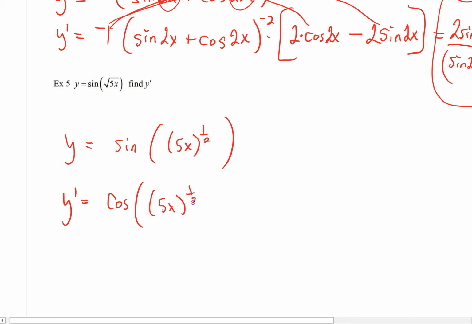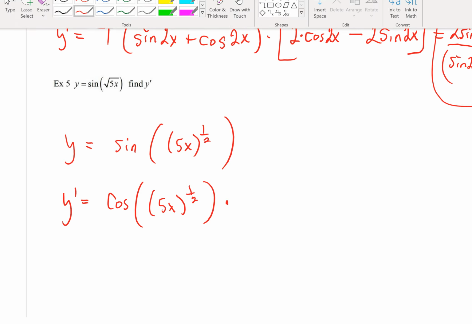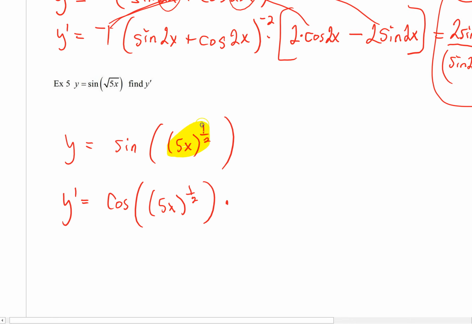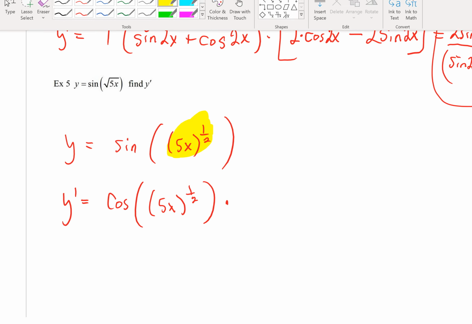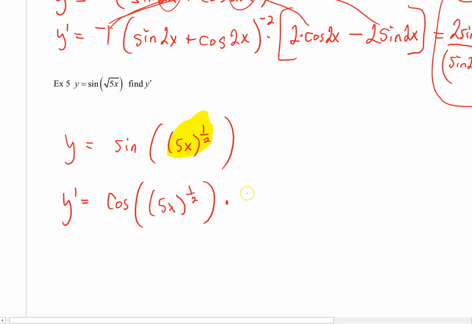But here is where I want you to see that this inner composition actually isn't just one function. It's a function inside of another. So I'm going to write that. I'm going to say, look, I need to take the derivative of that inside part.